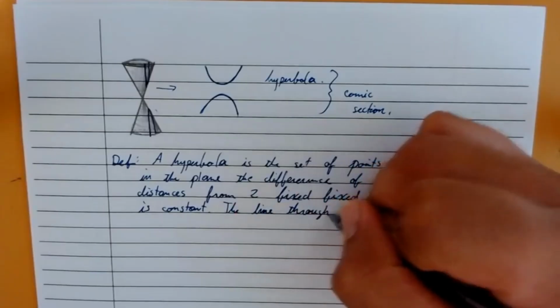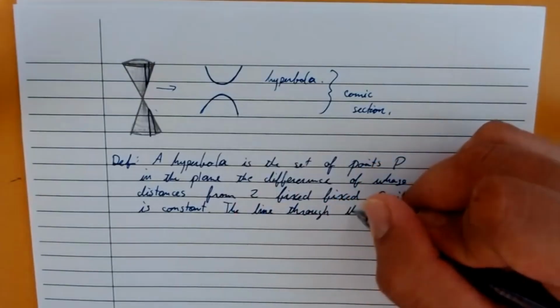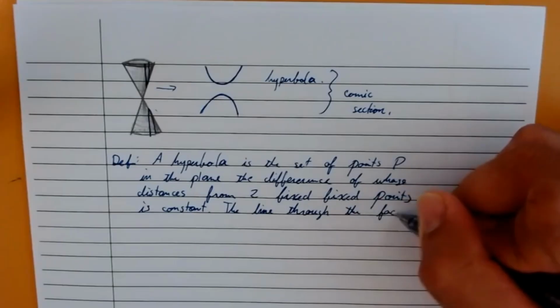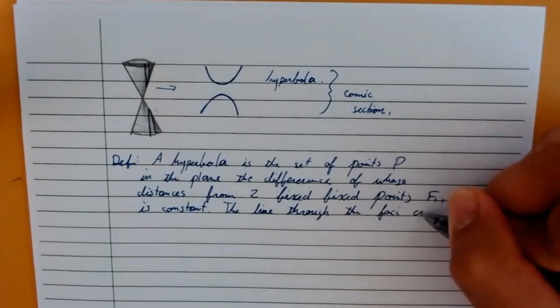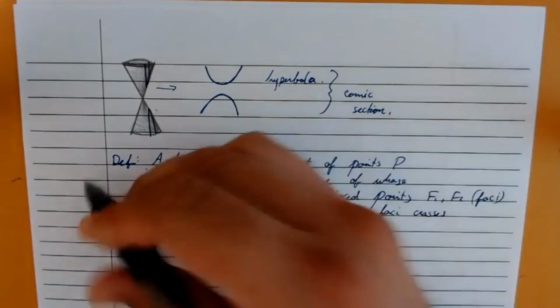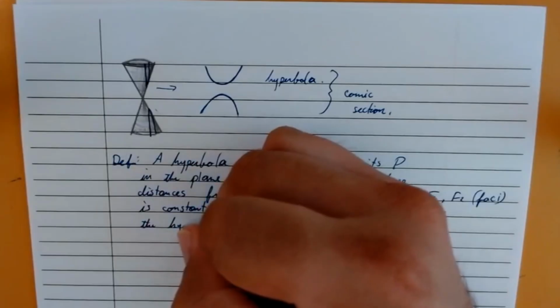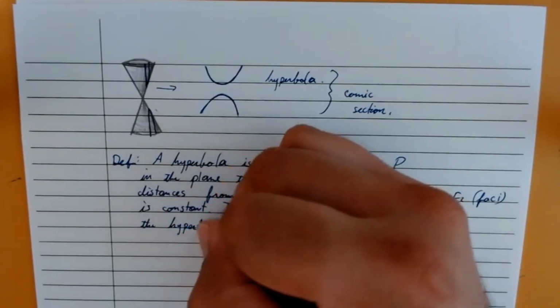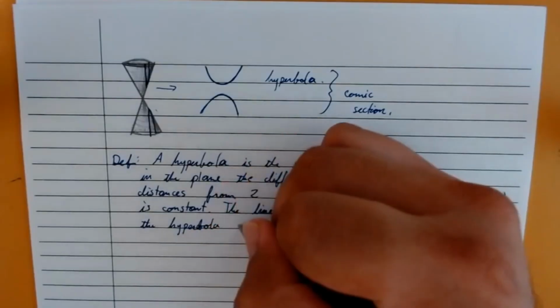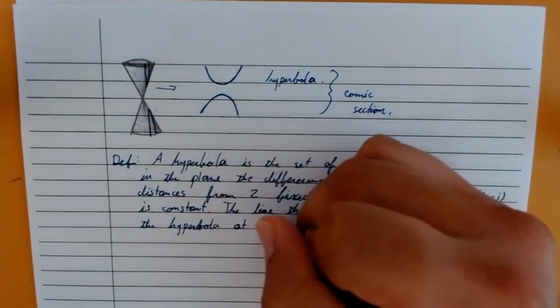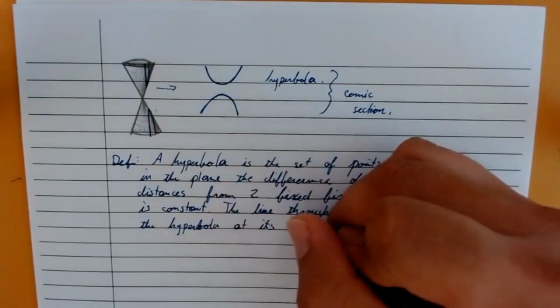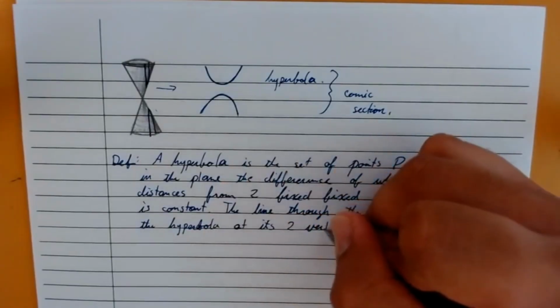The line through the foci crosses the hyperbola at its two vertices.